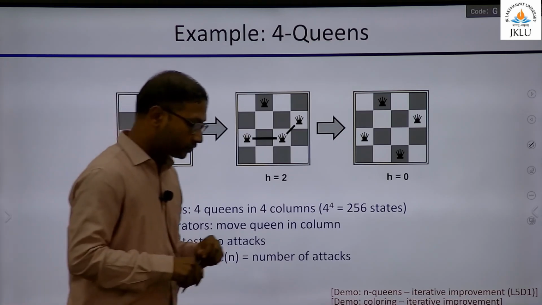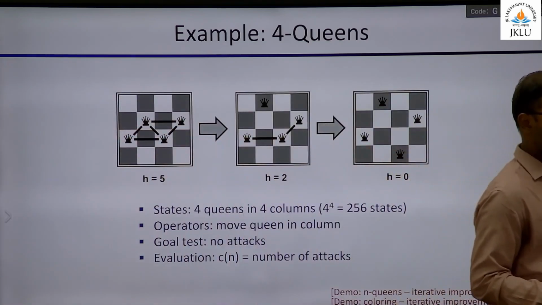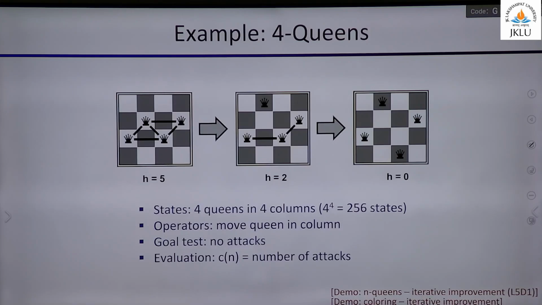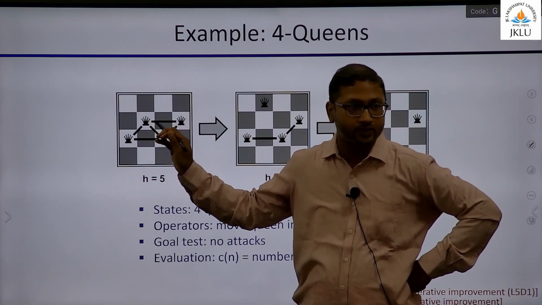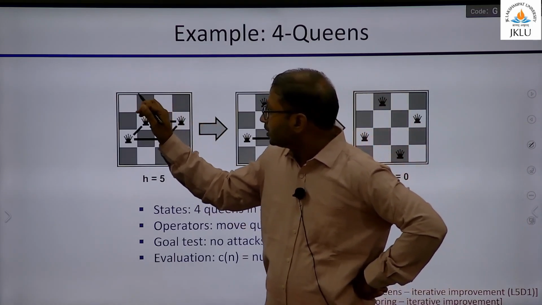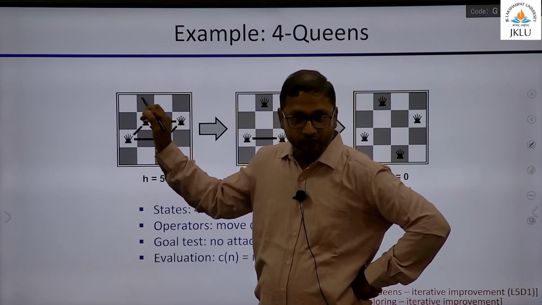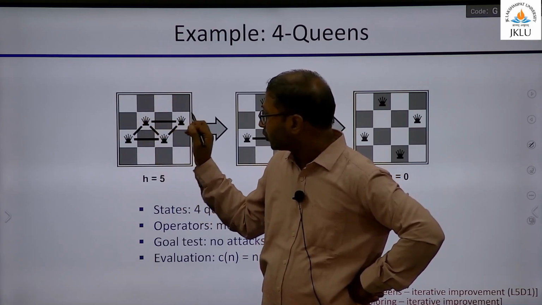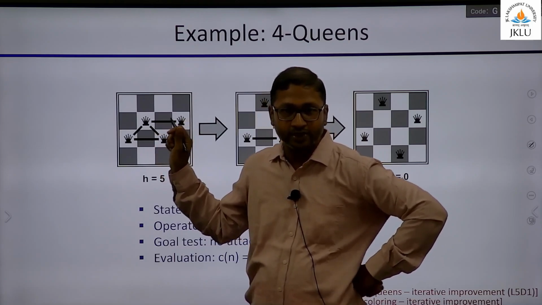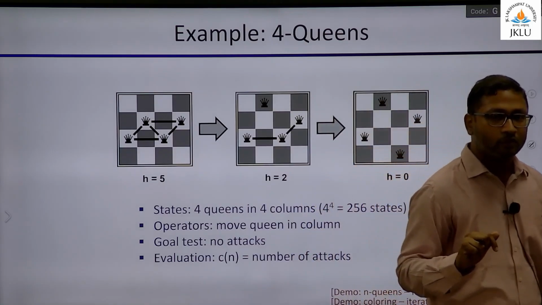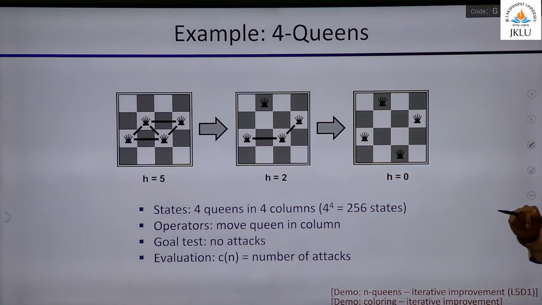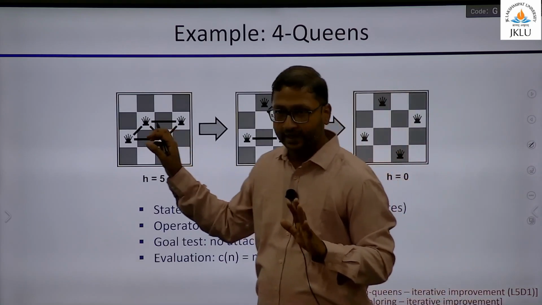What is h equal to 5 here? Can you guess? What is h equal to 5? Total number of attacks, right? So this is a 4 cross 4 grid, 4 cross 4 chess, 4 queens are there, and you have a position such that there are 5 possible ways of attack in this.